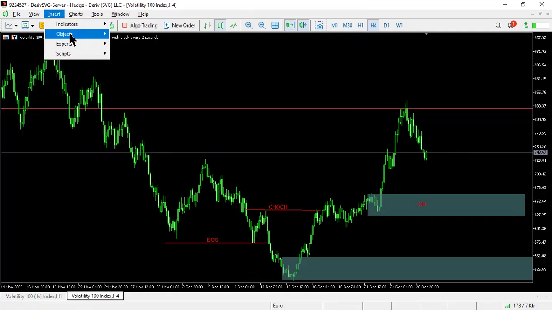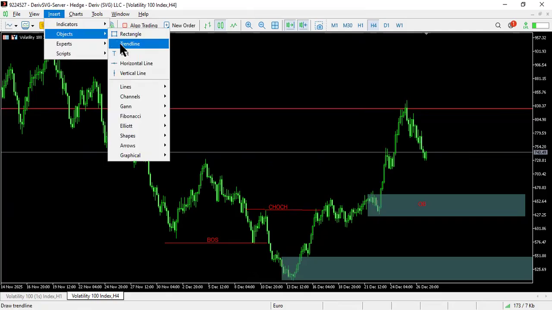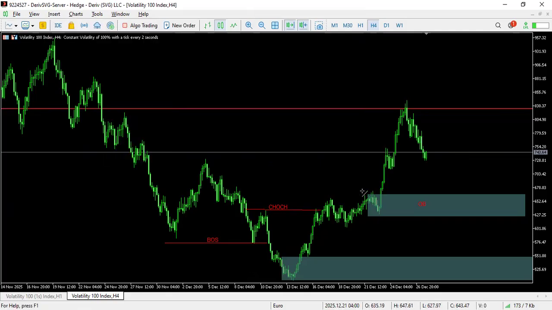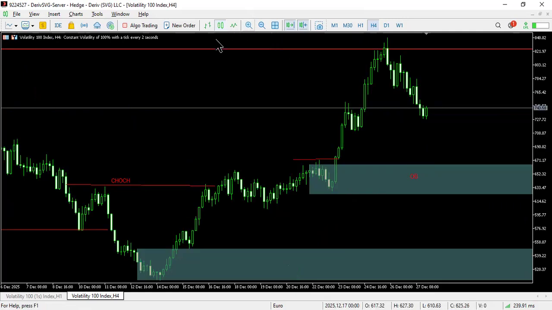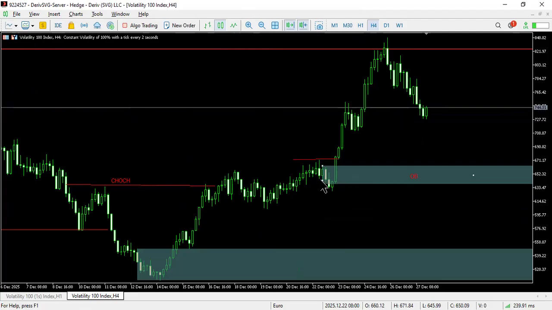All right, and then this is the break of structure that I'm seeing that is visible there. So we have a break of structure, and then the other block which caused the break of structure, it is that other block there.